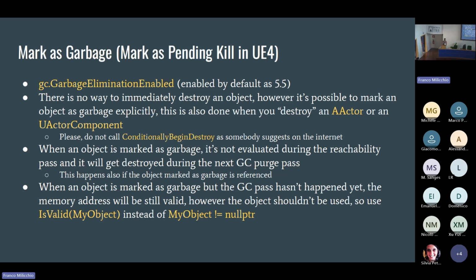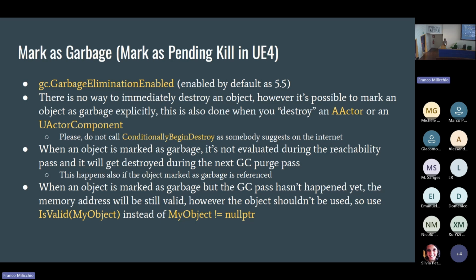If you want an object to be destroyed, one thing that you can do is set that variable, the pointer, to null, and eventually, if there are no other references, that object will be destroyed. But you can force an object to be destroyed, not immediately, but at the next GC pass, even if that object has multiple references.